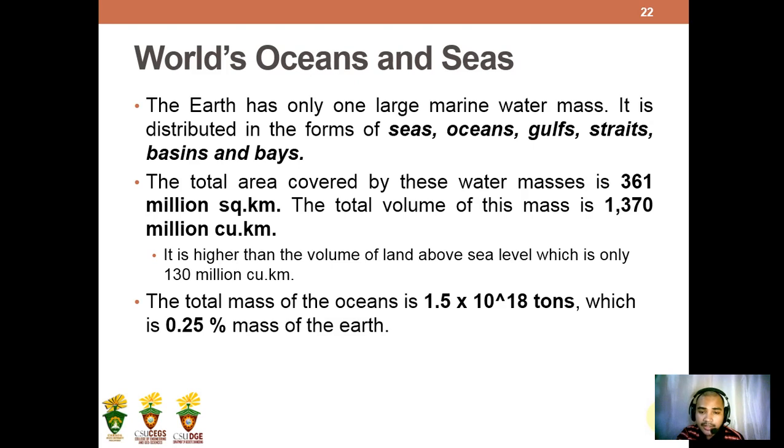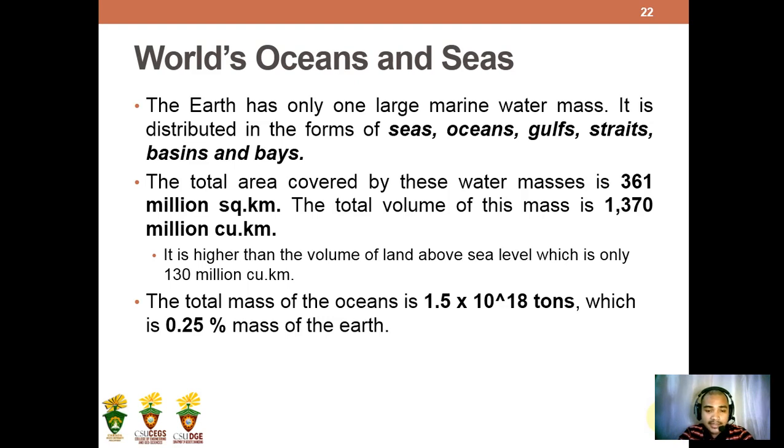And the total area covered by these water masses is 361 million square kilometers. Ingana kalapad ang area, no, nga na-cover sa water masses around the Earth. And it has a total volume of 1,370 million cubic kilometers. So, ingana ka dako ang volume, estimated volume.